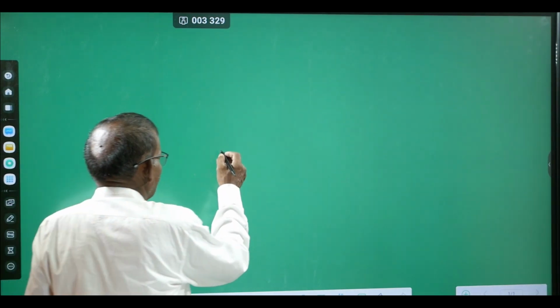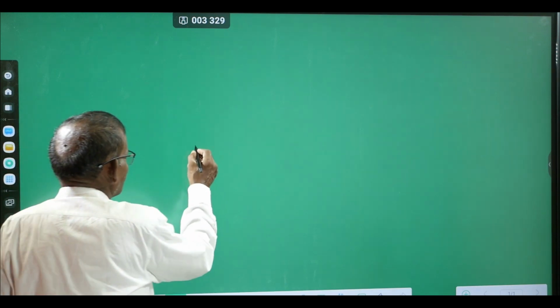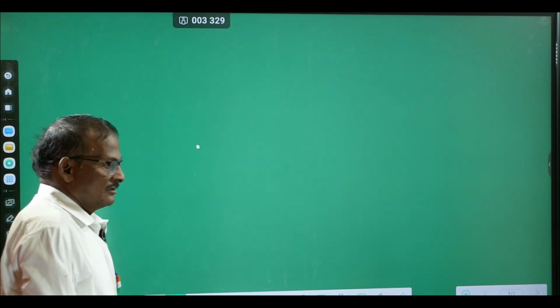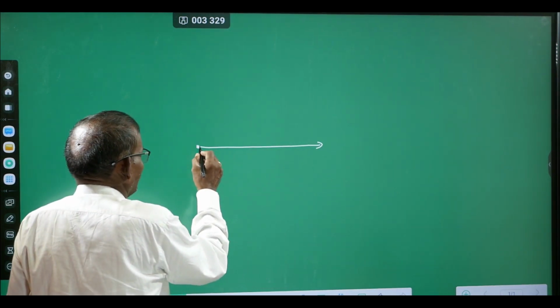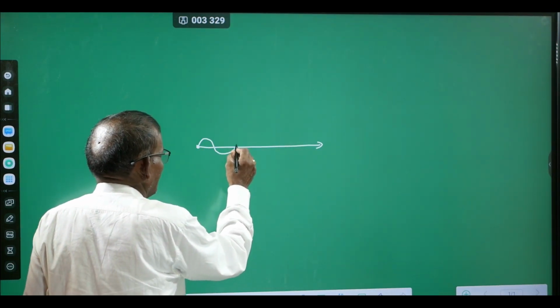So now let us suppose that a medium is disturbed. For example, if we put a stone on the still water, say this is the source, the point of source. Here we put the stone on the still water, and this is the medium, water, and a wave will be formed like this.